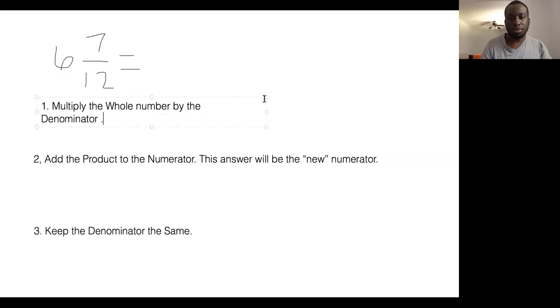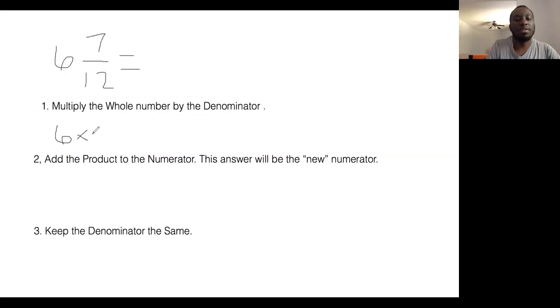Period. So my whole number in this case is 6. My denominator is 12. 6 times 12 equals 60.